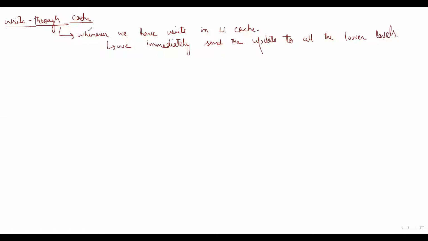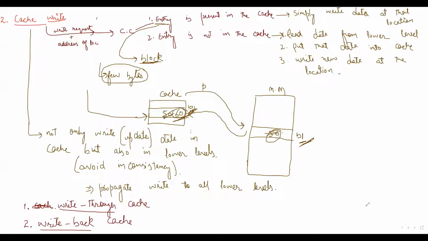That means whenever I am doing a write in any cache, at that particular moment, I send that write to all the lower levels as well. So what does that mean? Let's suppose I was writing 60 here. After writing 60, immediately I will send this 60 here.